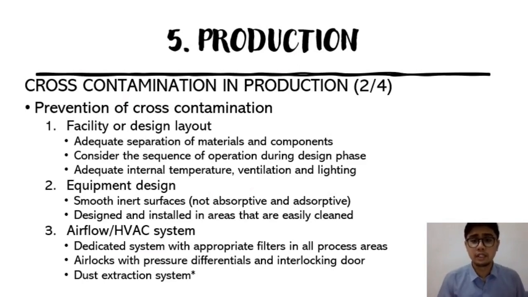The system should also have filters in all process areas, a common example being the HEPA filter, or high efficiency particulate air filter, to keep the purity of air in the production areas. Airlock system is also important since it maintains the differential pressure between the clean rooms in the production areas.